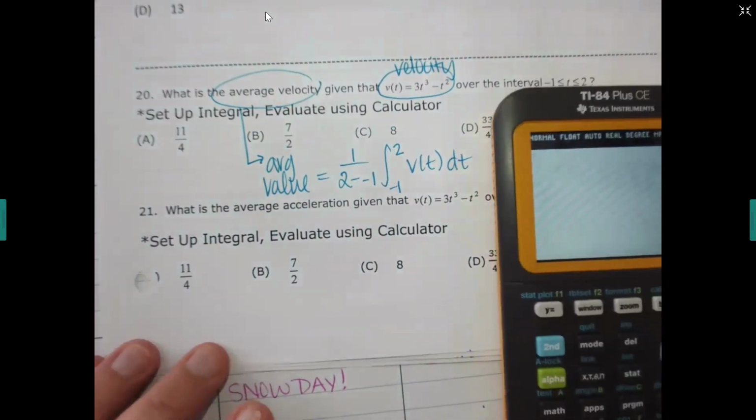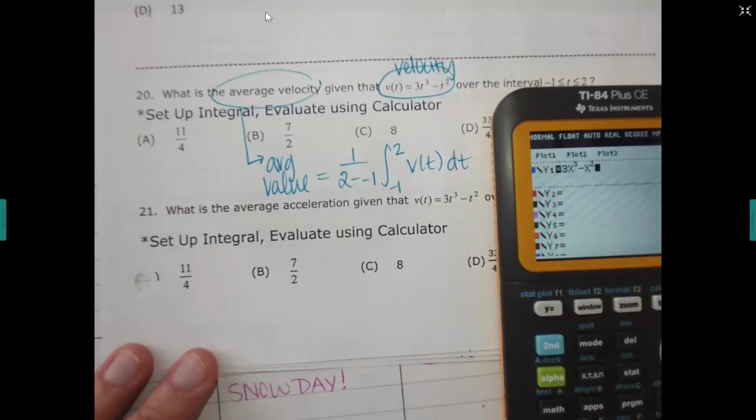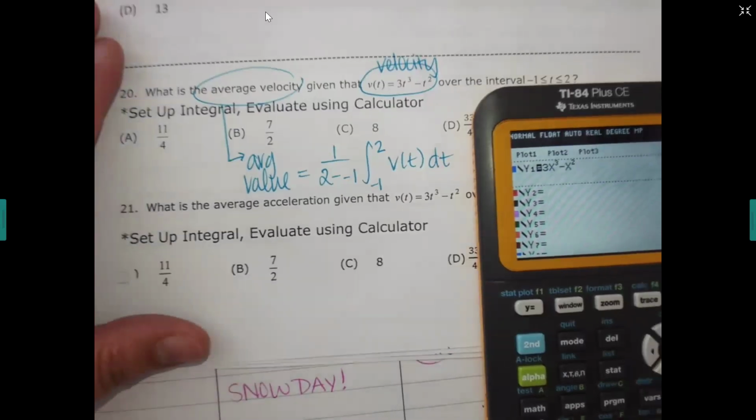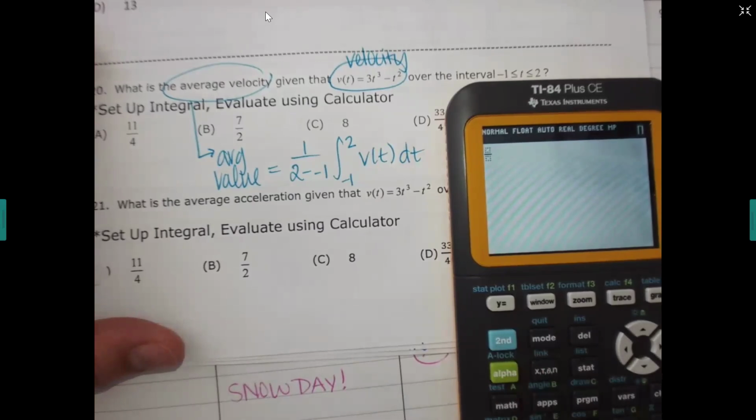So in your calculator, you should have typed your equation into y equals. Once you have it typed in, you should know how to put that into the calculator. I'll show you how to do it in case you forgot. It's 1 over 2 minus -1.